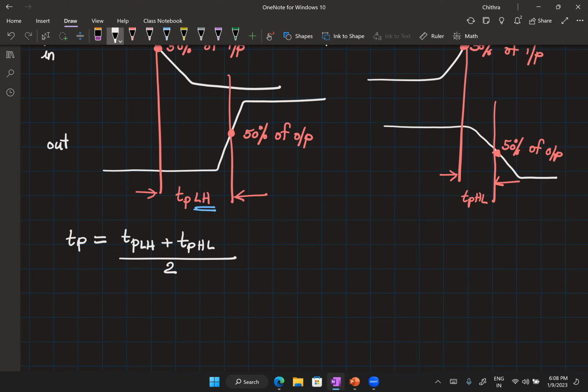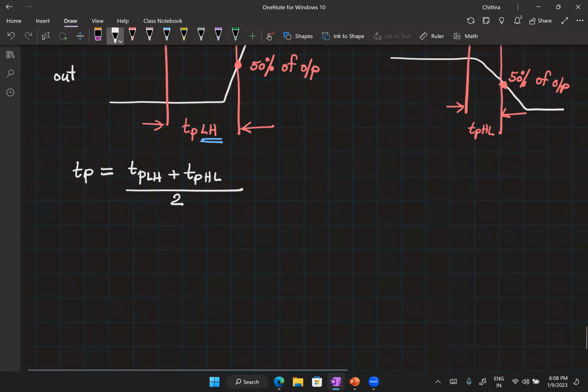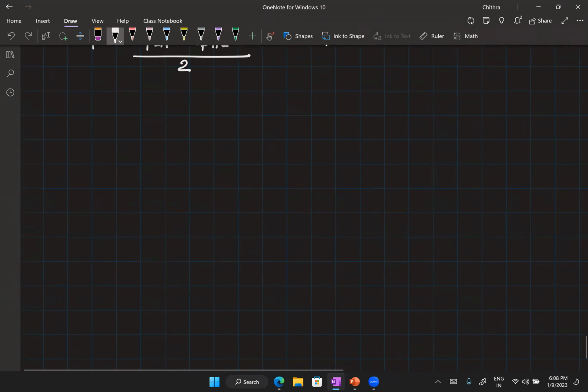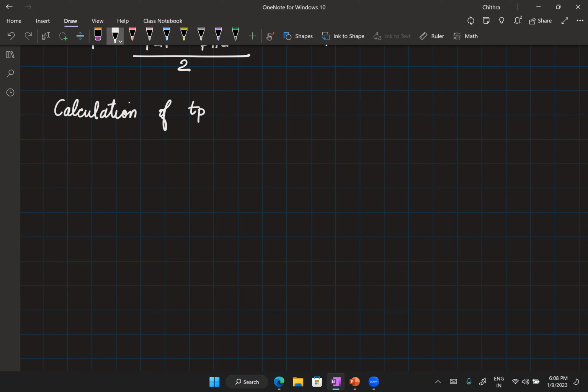Okay. So now let's look at how to calculate these parameters. We will take the simple case of calculating this for TP-LH. So we have the inverter.